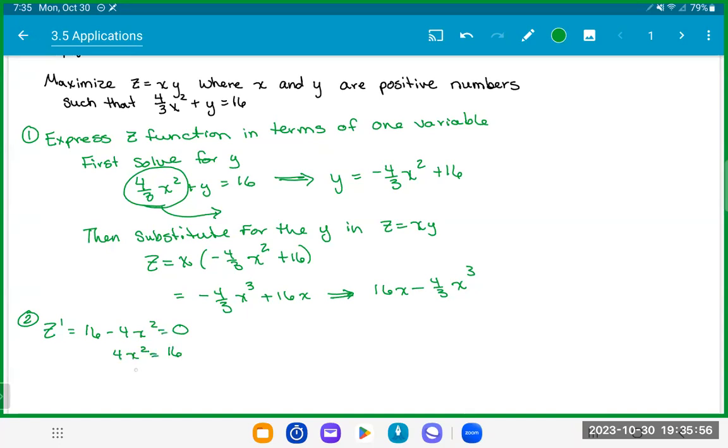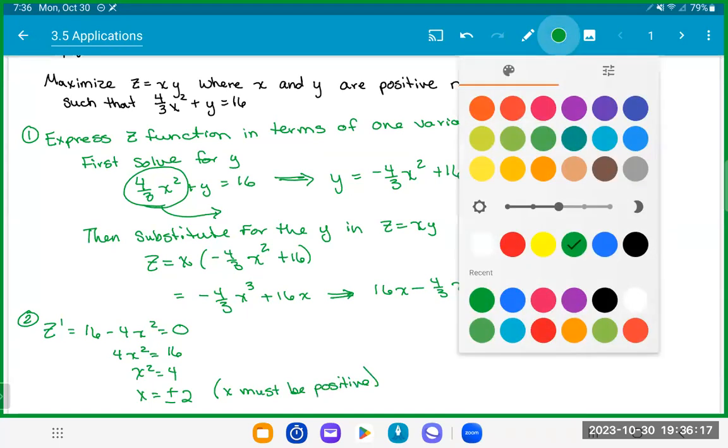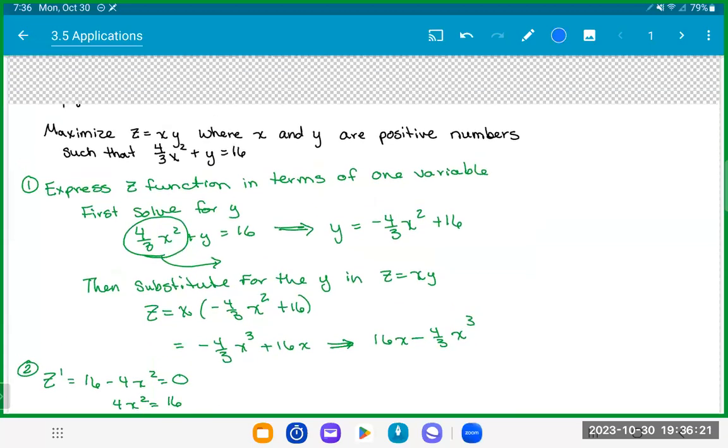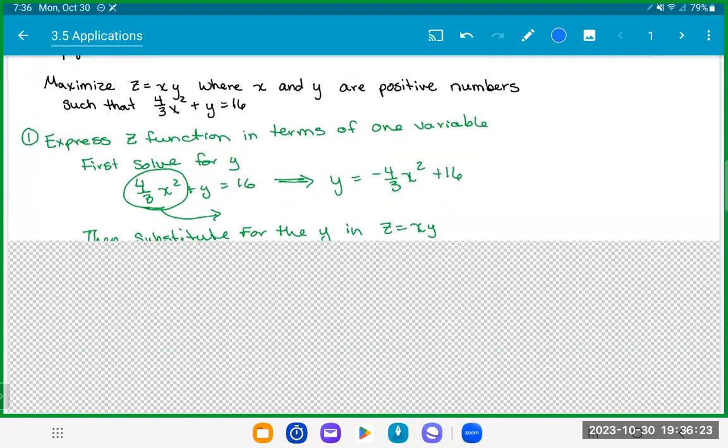Divide both sides by 4. I get x squared equals 4. Take the square root, and I get that x is equal to plus or minus 2, right? But remember, x must be positive. So we're only going to choose the positive one. Okay.